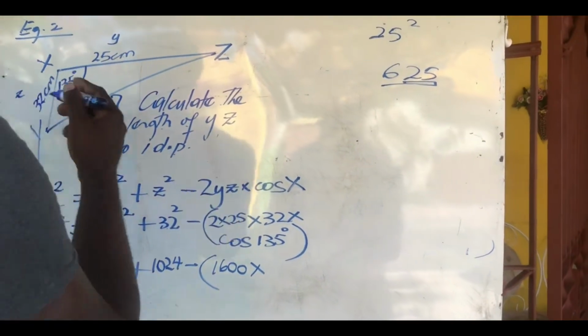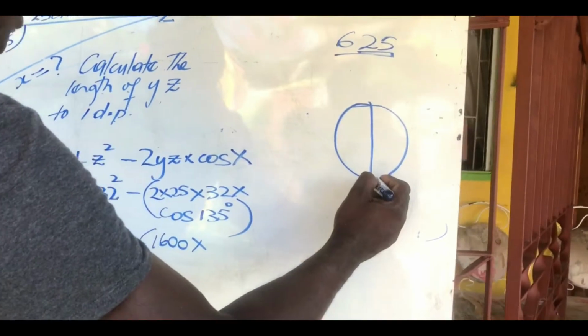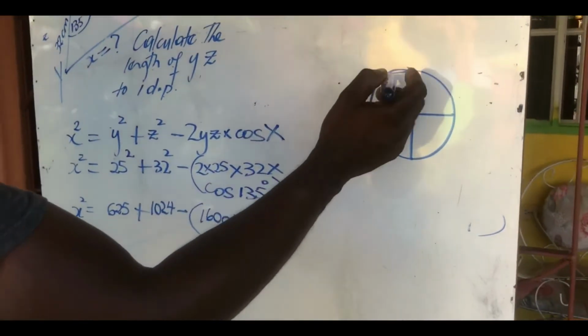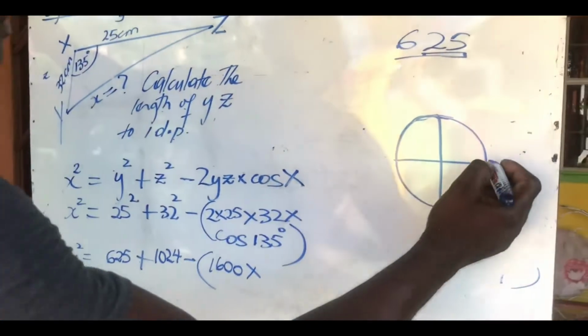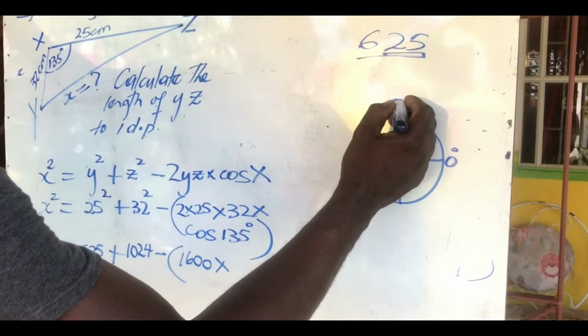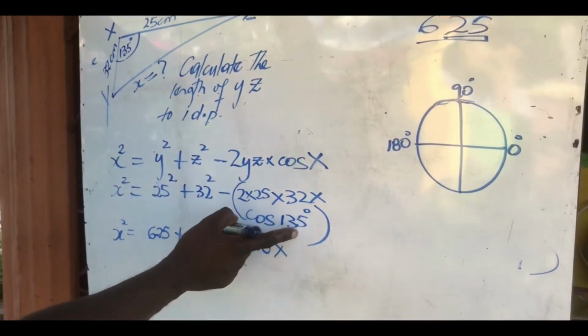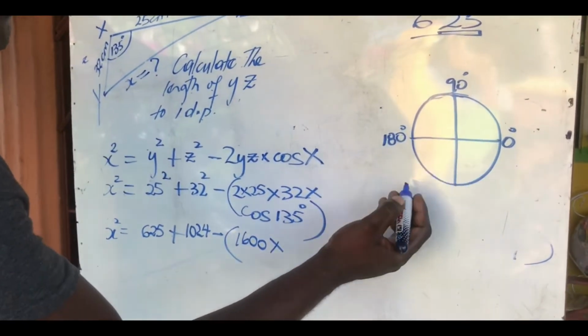Now when you look, you say 135 degrees. But remember, we had been looking at the unit circle in terms of the angles. So remember that this is 0 degrees, this is 90 degrees, this is 180 degrees. So where do I find 135 degrees? 135 degrees is found in the second quadrant.